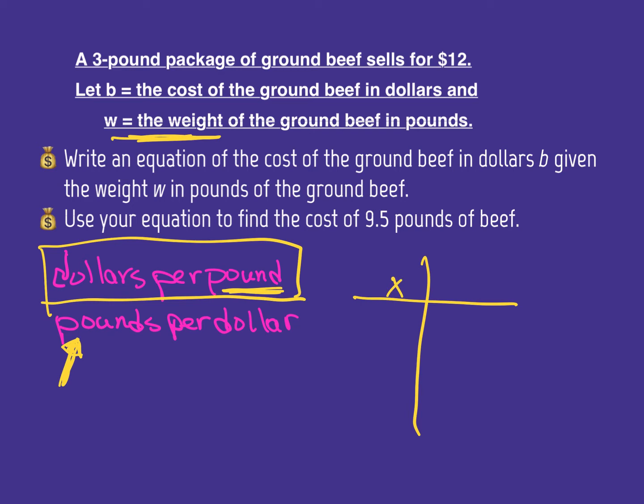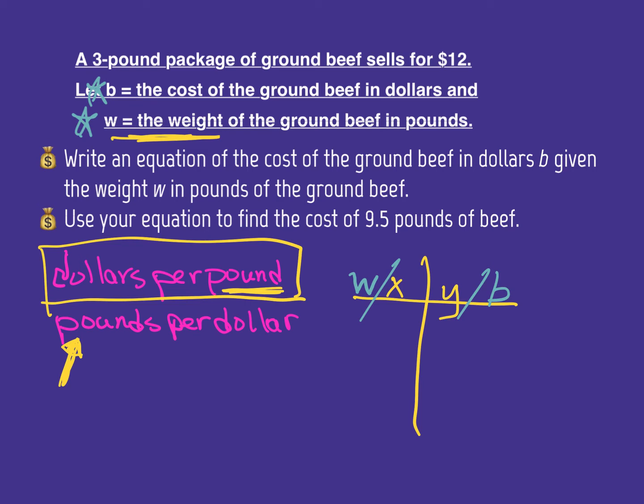Then I'm going to actually use another color. So put in W, because I want the W to be my X, right? I'm going to put W over here. And that means the other variable is B. The cost is going to be over here, right?